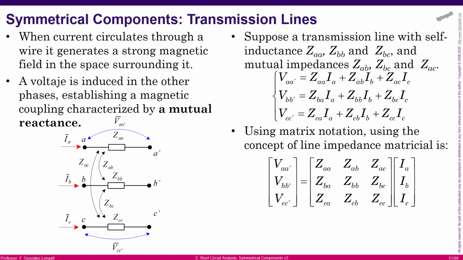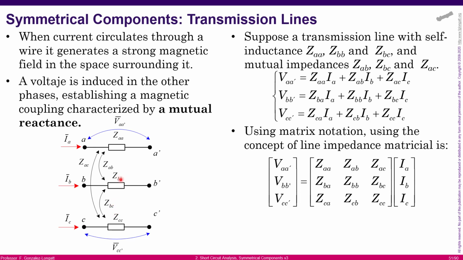I believe all of you can see on the left-hand side, this is the situation of a three-phase line, but there are some self-impedances for phase line A, line B, and line C. And then we have some mutual coupling that is represented by mutual reactance. Okay, in this case, we have here Z_AC, Z_AB, and Z_BC.